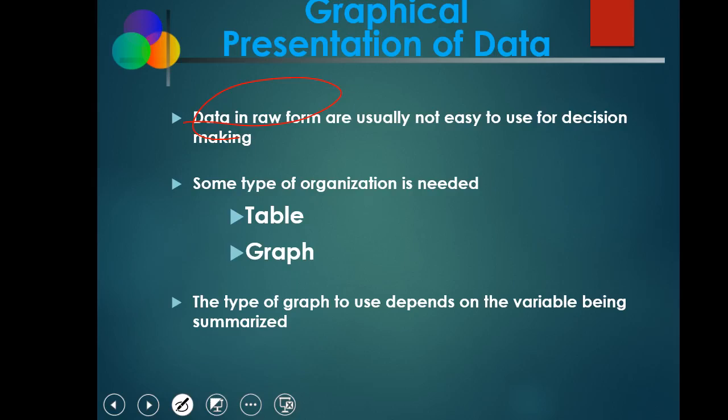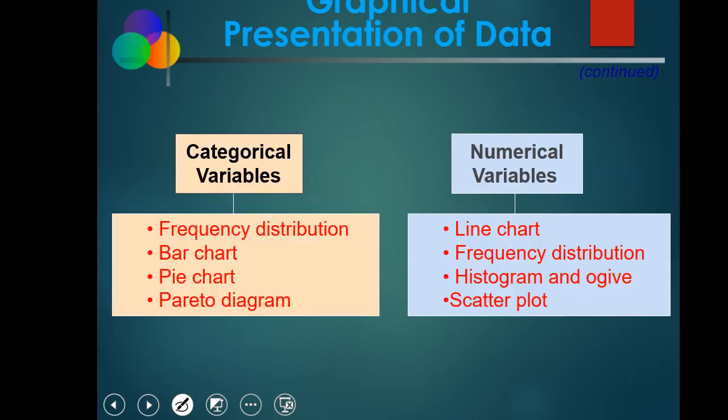We can either arrange the data in the form of a table or in the form of a graph, for researchers, teachers, students, or anyone who has data. There are also different types of graphs that we will talk about. These graphs are based on the type of variable or type of data being used.